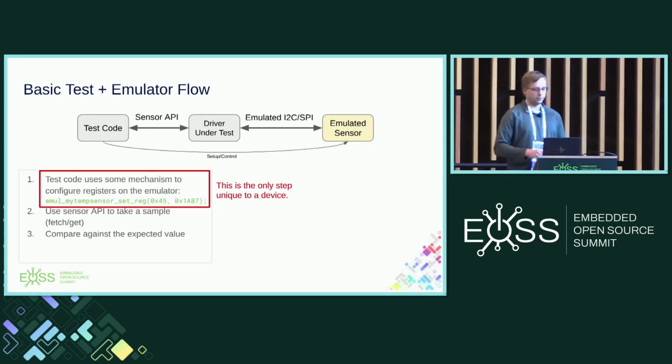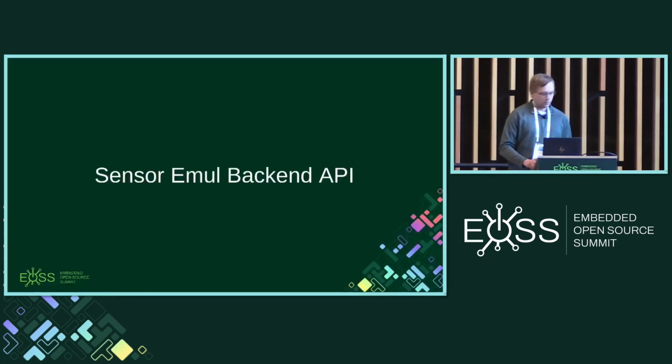And that's what we're going to explore in the remainder of this talk. So step one, let's standardize an API to talk to these emulators and basically configure them for testing.